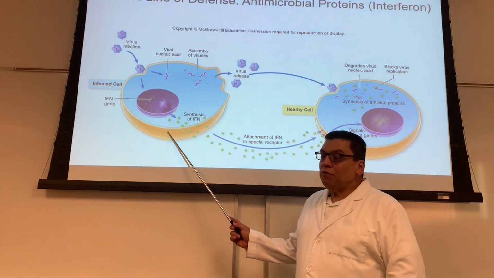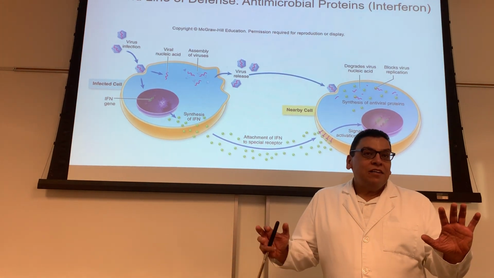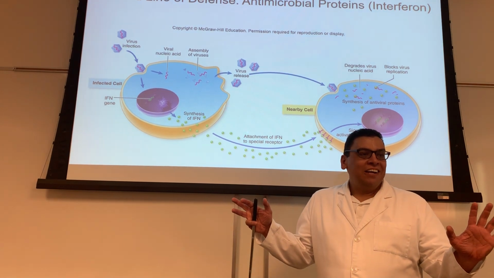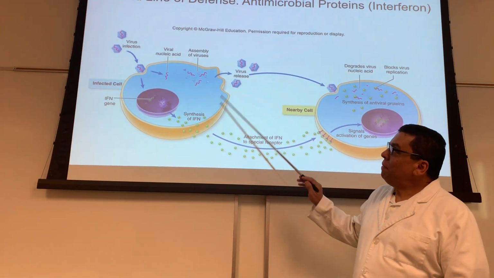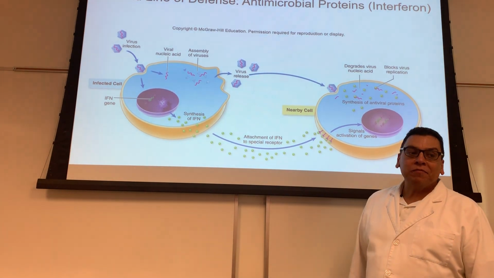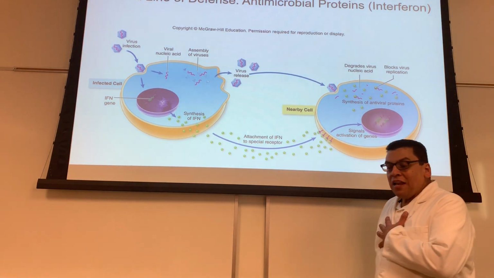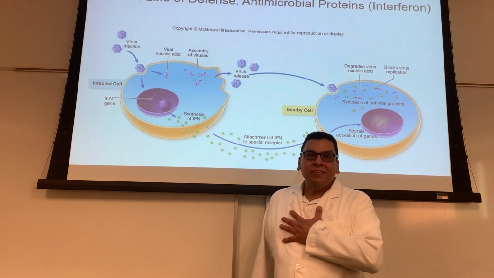I myself am doomed. As a last selfless act, before I die, I'm going to send an alarm telling you that there's a bad guy in the neighborhood. I mean, this is amazing. If I'm a cell and I get virally infected, I know I'm doomed.